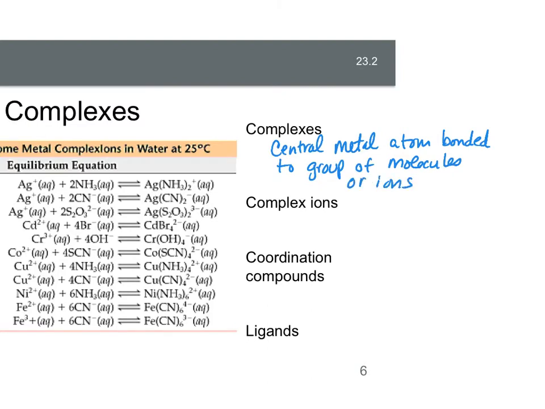In that case, an ion may be like chloride or fluoride. For the molecules, there's a large variety that we'll see, but we've seen ones that include water and ammonia, cyanide, and things like that. So then the complex ion is the same thing, it's just that it has an overall charge.